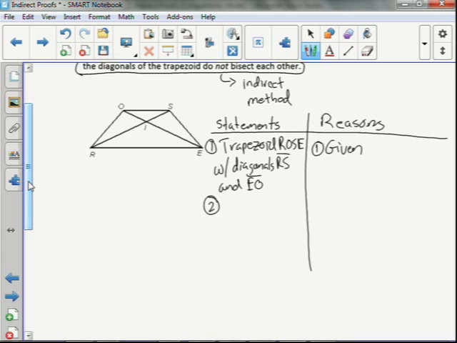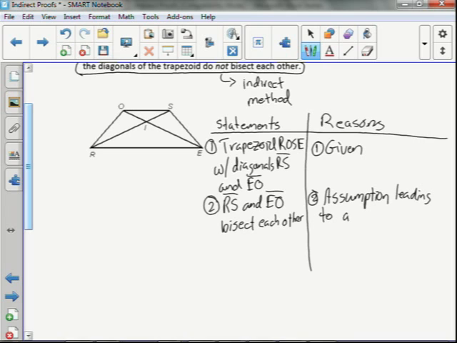So in this case, it's going to be that RS and EO bisect each other. And the reason is an assumption leading to a contradiction.